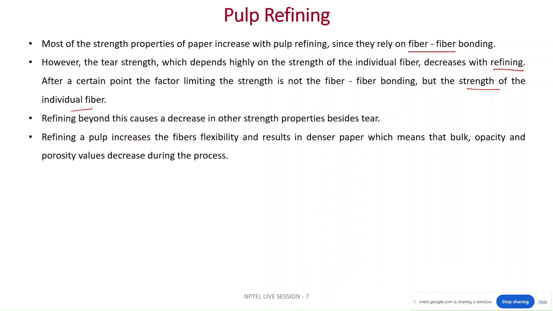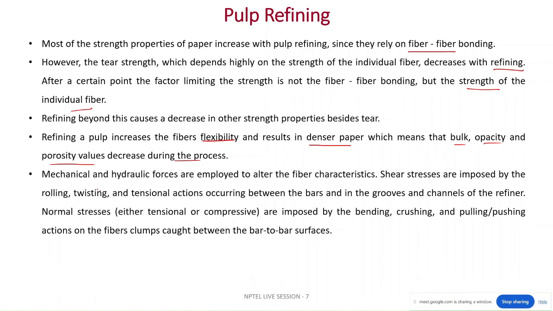Refining a pulp increases the fiber flexibility and also results in a denser paper, which improves the bulkiness and opacity, while the porosity value will decrease during the process. Mechanical and hydraulic forces are employed to alter the fiber characteristics.